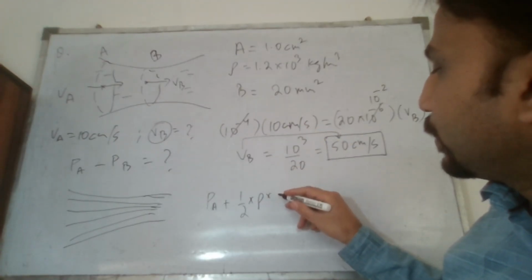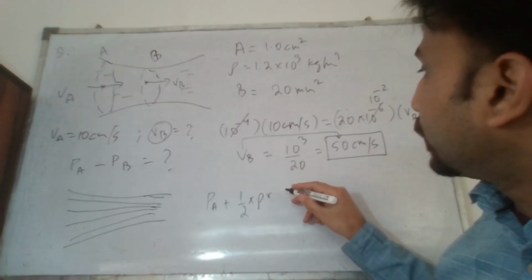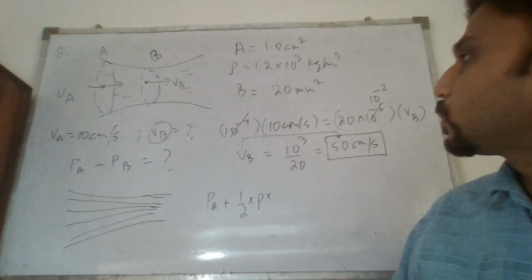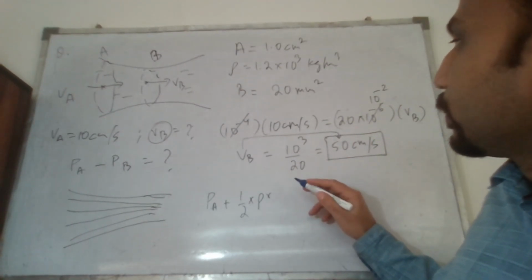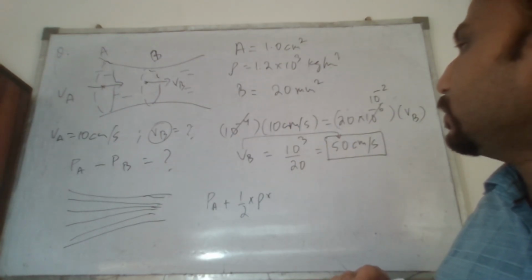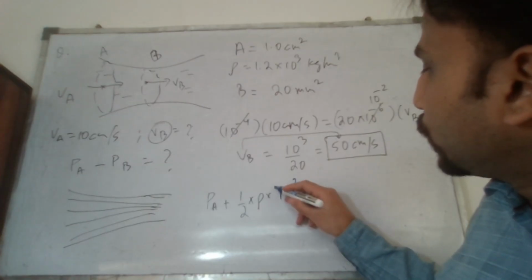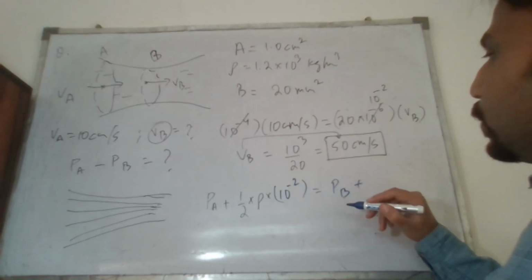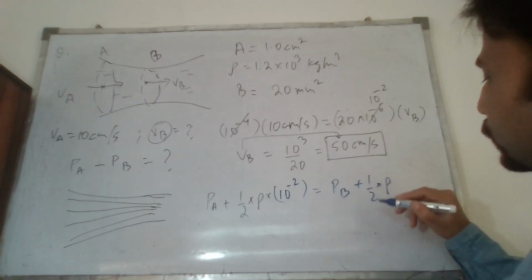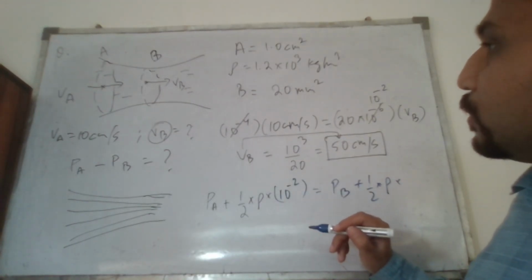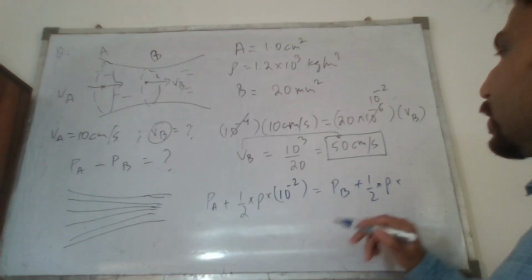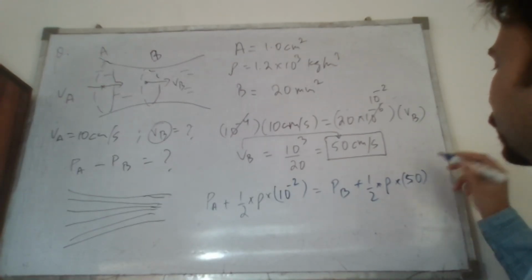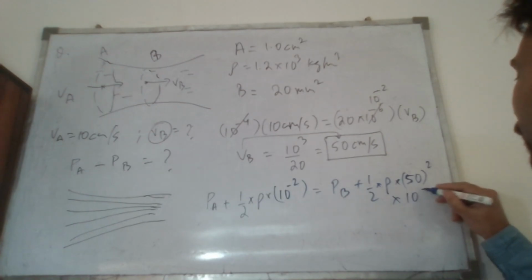VA is 10 centimeters per second, that is 10 to the power minus 1 meters per second, and we'll square it. This is equal to pressure at B plus half rho into the velocity at point B, which is 50 centimeters per second, and we'll square it, into 10 to the power minus 4.